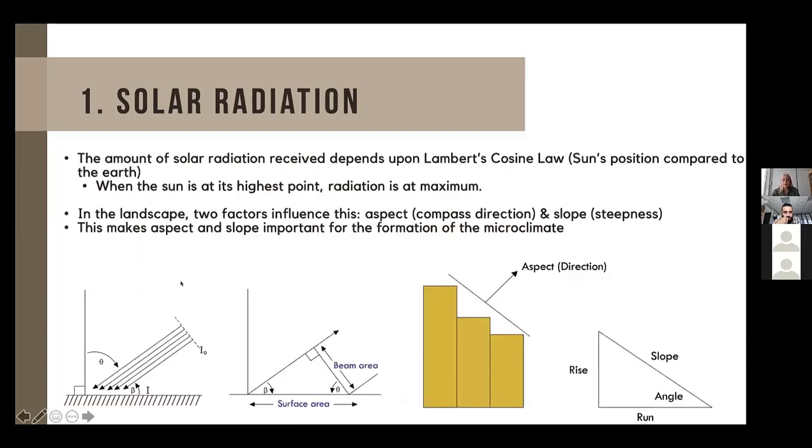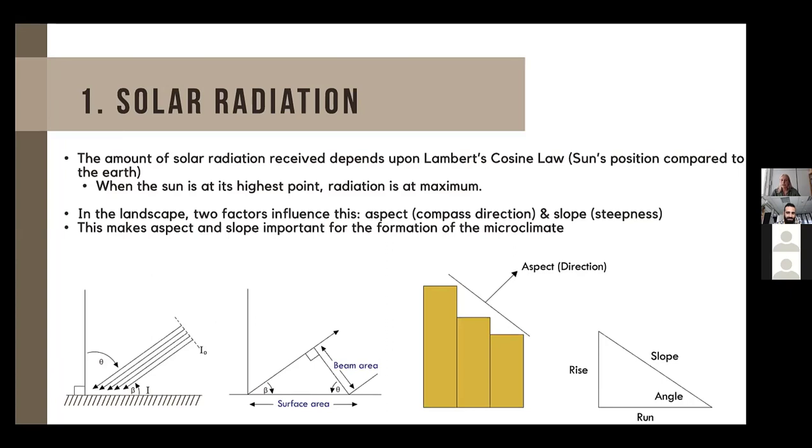And then the amount of solar radiation that is received by a site depends upon the Lambert cosine law. And just to save you from a very long explanation, this is basically the sun's position compared to the Earth. So when the sun is at the highest point, this means that radiation is at maximum. And on a site, so in the landscape itself, there are actually two factors that influence this.